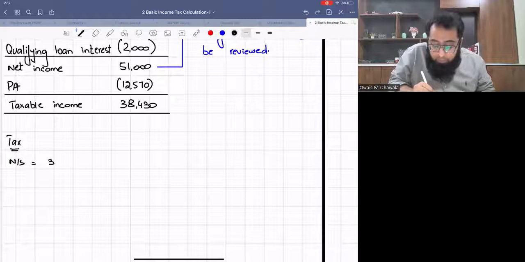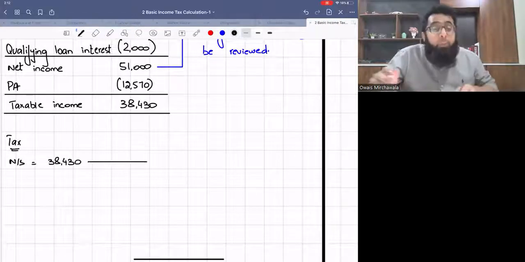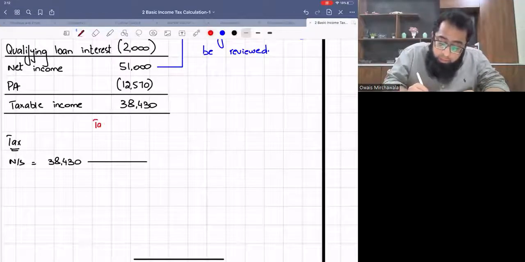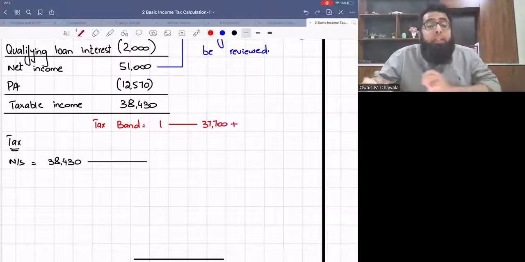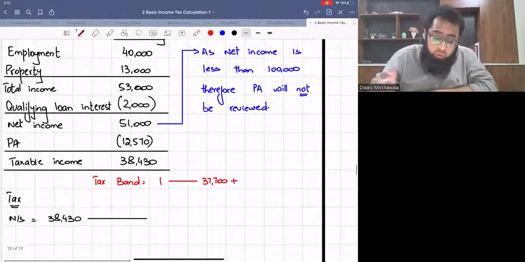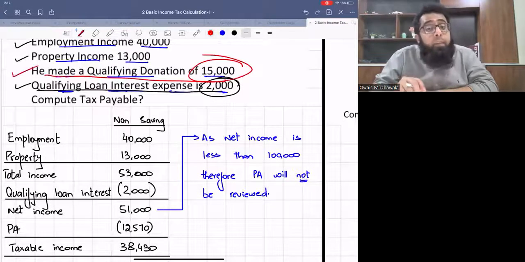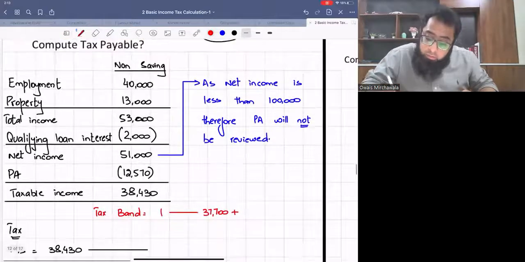Non-saving income 38,430. Now we need to look at the basic rate band. Now, our tax band is normally till 37,700. But since he has made a qualifying donation of 15,000, the basic rate band will extend by the gross amount.